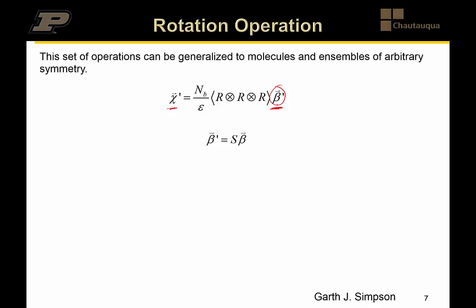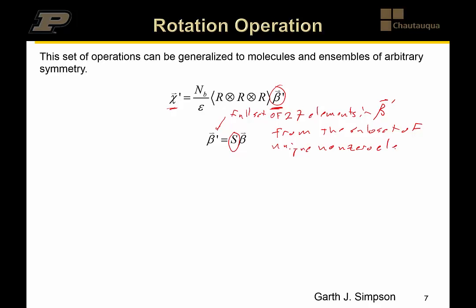So these symmetry matrices, for this one here given by S, allow us to populate the full set of 27 elements in beta prime from the small subset of unique non-zero elements in beta.